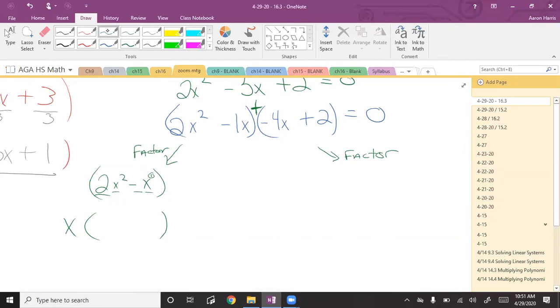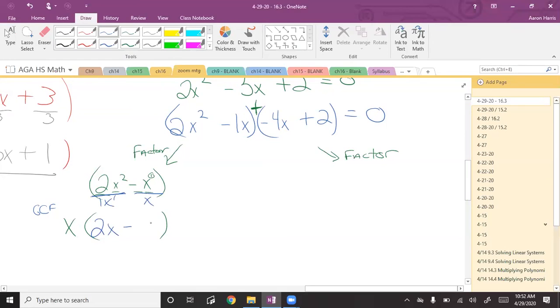Mm-hmm. So now I divide by my GCF. This is my GCF. So I divide by x. I divide by x. So 2 divided by 1 is what? 2. Good. X squared divided by x is what? X. Good. Bring down the minus sign.